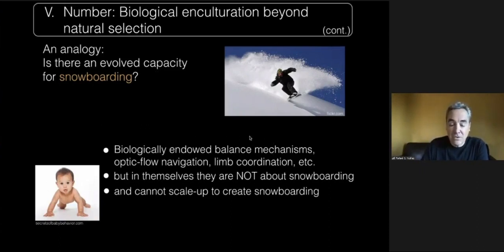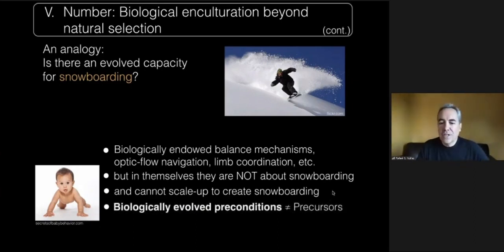These are generic. They're not specific for snowboarding. And now I'll go back to that concept of specific, as opposed to generic, mechanisms of optic flow navigation, balance, and limb coordination, and so on, which we start exercising early on. But just by crawling a lot and walking a lot, you don't build up. They don't scale up to sustain snowboarding. They cannot create snowboarding.